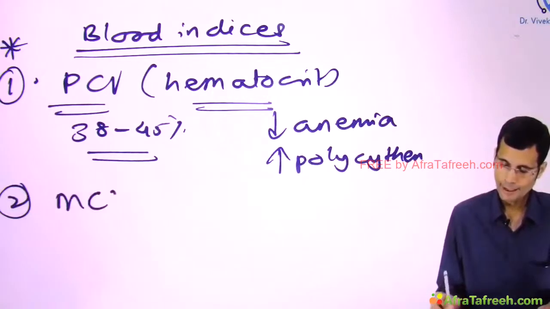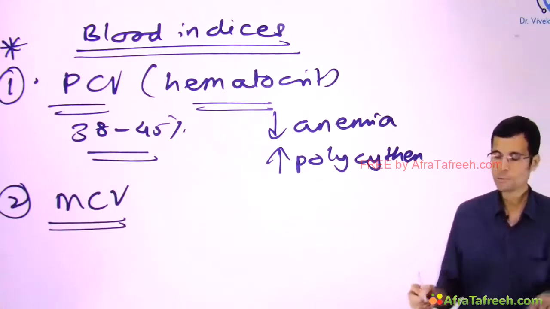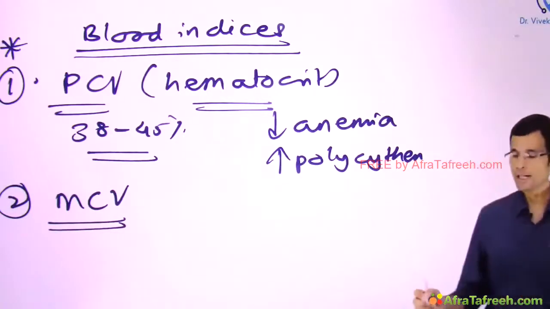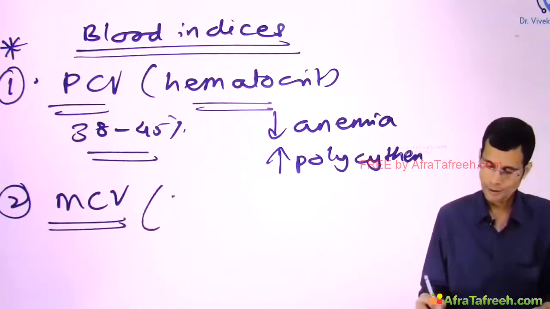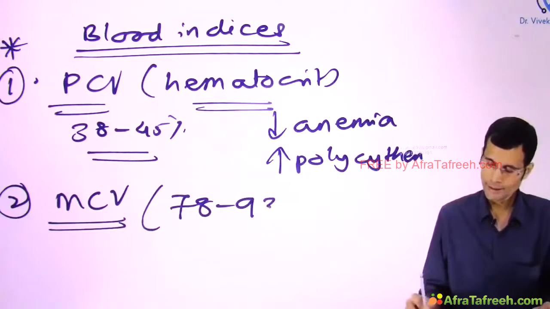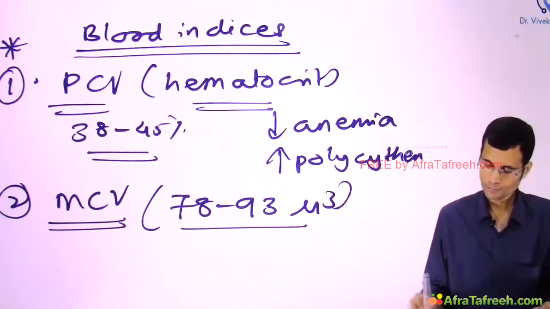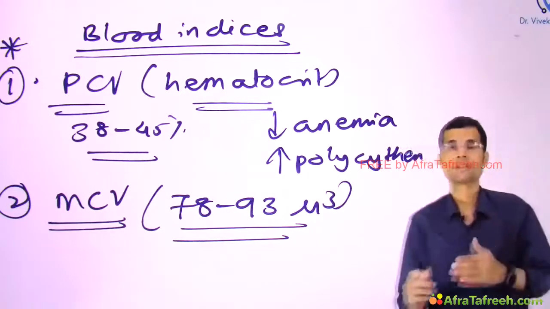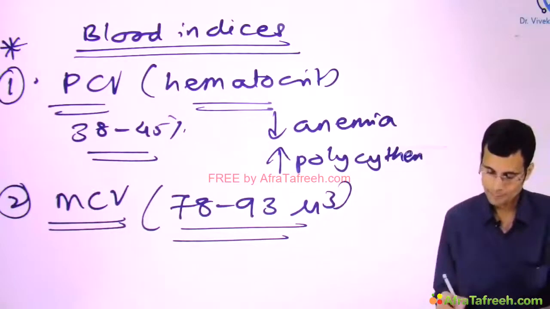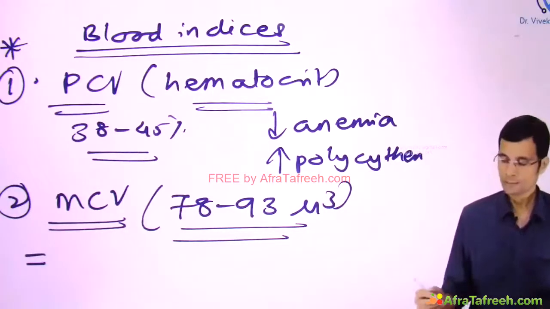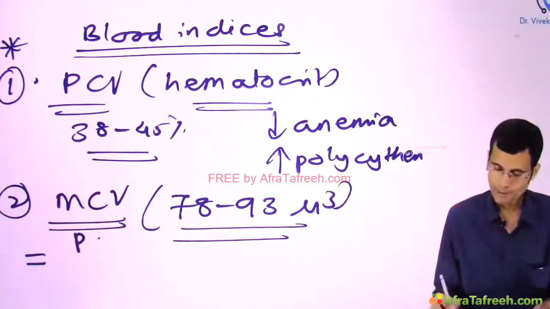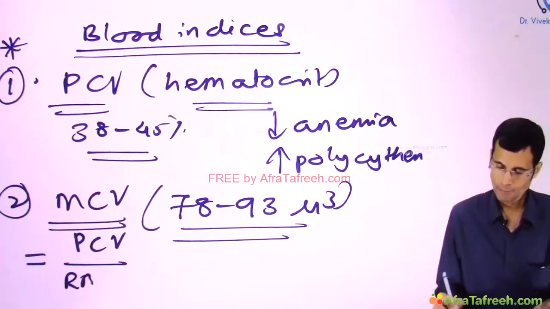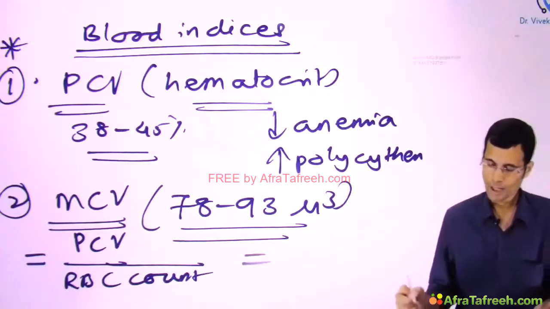Second, MCV, mean corpuscular volume. On an average, what is the volume of one single RBC? 78 to 93 cubic microns. That's the average volume of one single RBC. How do you calculate it? You take a sample of blood, perform PCV on it, perform RBC count on it, and take PCV upon RBC count.